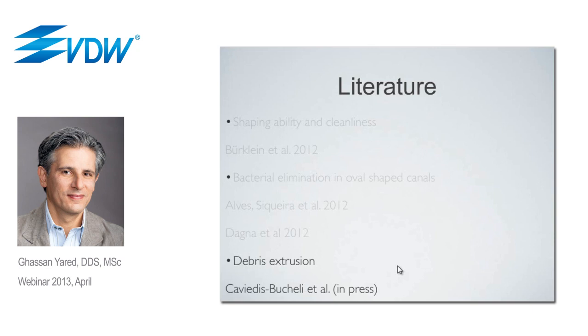I'm not going to discuss this paper here, but it is probably one of the best papers published on debris extrusion. In that paper, they showed that there is almost no debris extrusion with the Reciproc system.